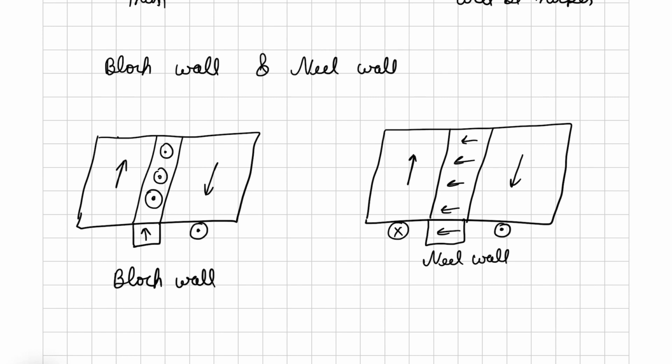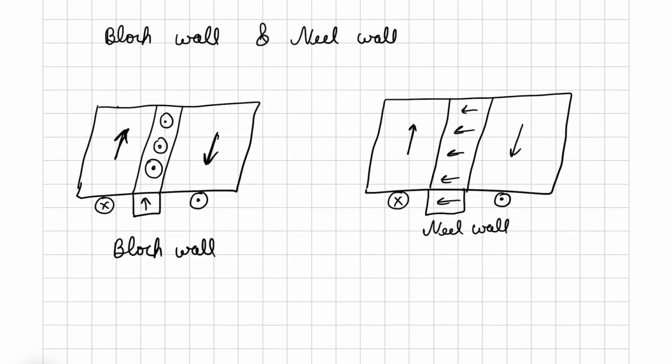Similarly here I can say this. This is for this spin here. So depending upon how these spins are pointing with respect to the plane where the initial domains were, relative to the directions of the domains, that's going to tell us whether it's going to be a Bloch wall or a Néel kind of wall.